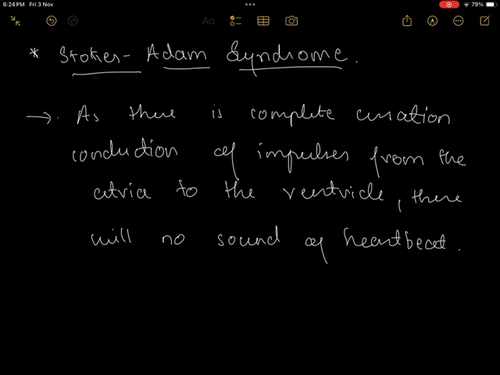So what happens if this delay increases up to 5 to 30 seconds? If there is an increase in the delay of 5 to 30 seconds, we call this phenomenon overdrive suppression.